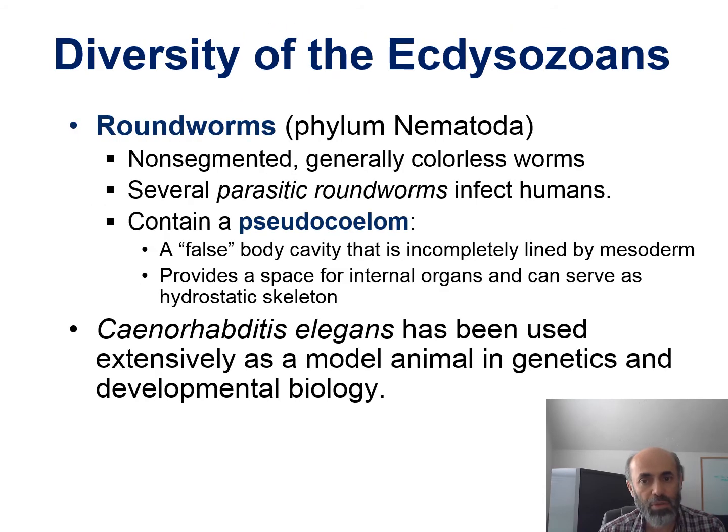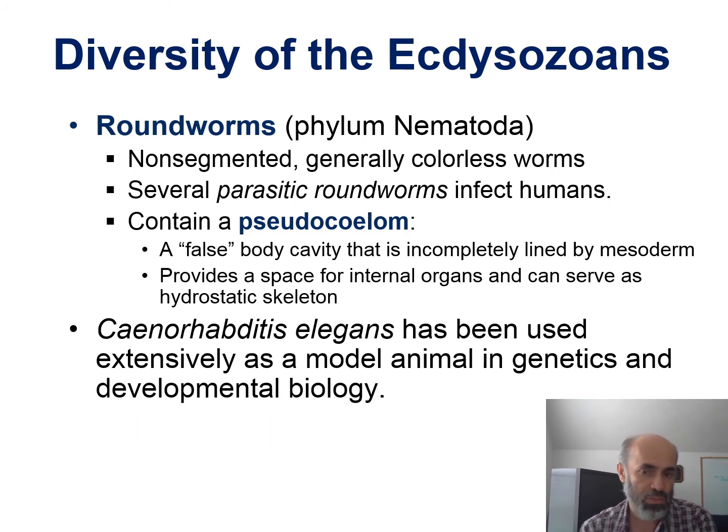These belong to phylum Nematoda, or these are nematodes. Their body is non-segmented, pretty flat in that regard. They are colorless and smaller in size. Some of them are parasitic, and other ones are free-living, not parasitic. A lot of nematodes live free in the soil, and they eat bacteria and microorganisms.